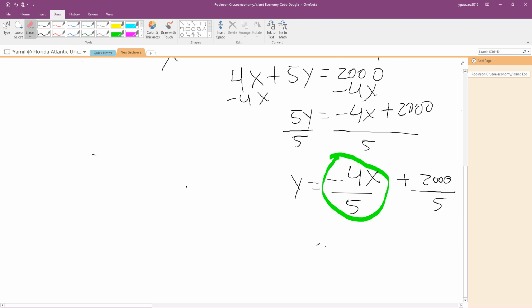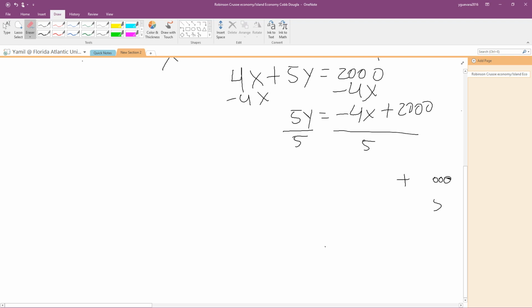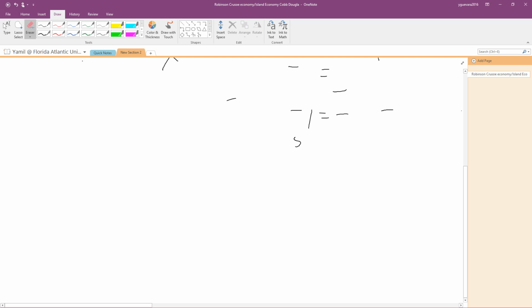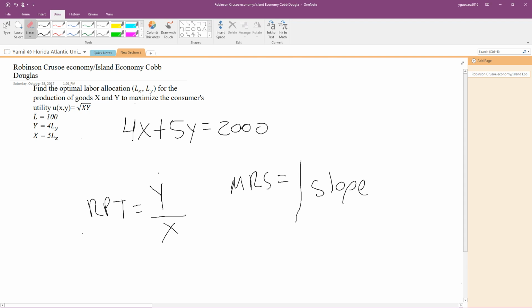I just wanted to show you what I was doing for your own benefit. And I'm sure you know how to do this. But I just want to make sure you know what I'm doing here. That way you're not lost. Okay. So we know our MRS, or marginal rate of substitution, right? It is 4/5.